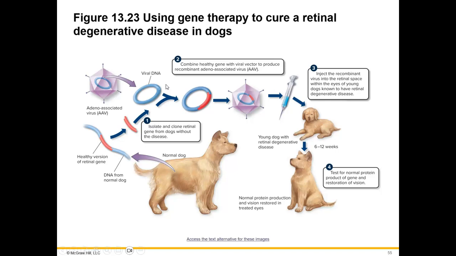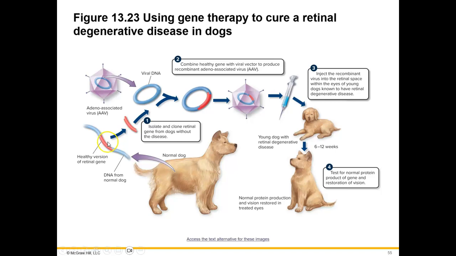Here's an example of gene therapy, where we are introducing new genes to cure some kind of disorder or disease. In this case, we've got our adeno-associated virus acting as the vector or the carrier for the gene we're trying to insert. Here's our healthy version of the retinal gene. And this is the gene that dogs that have good vision will tend to have.